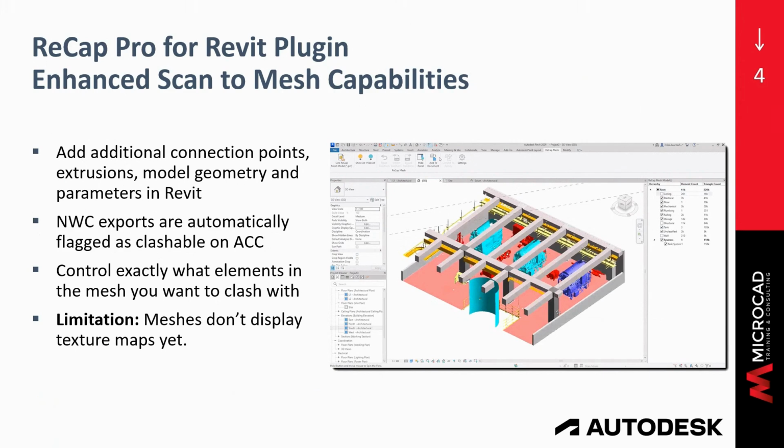At this point, and this is just a little disclaimer, these meshes don't yet support real-world texturing, but most probably, who knows, we might see that as something that will happen in the future.